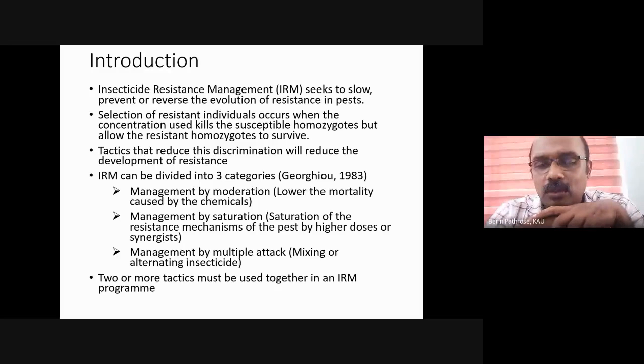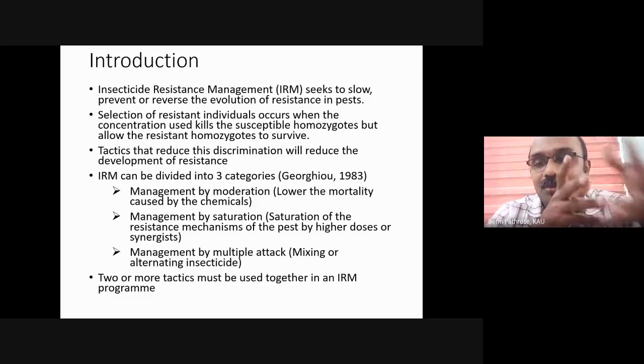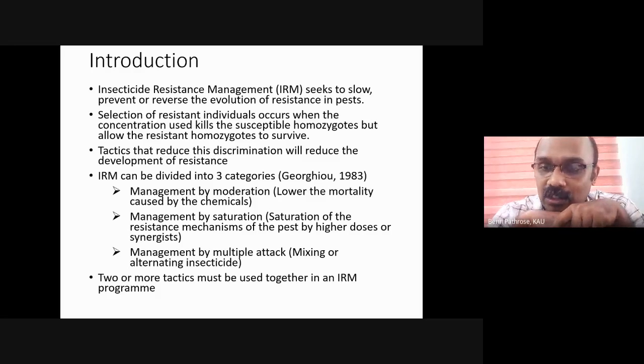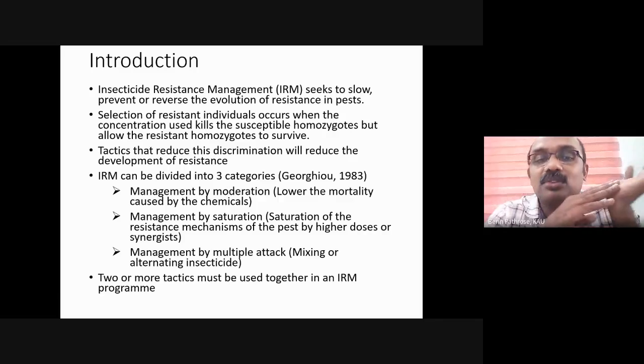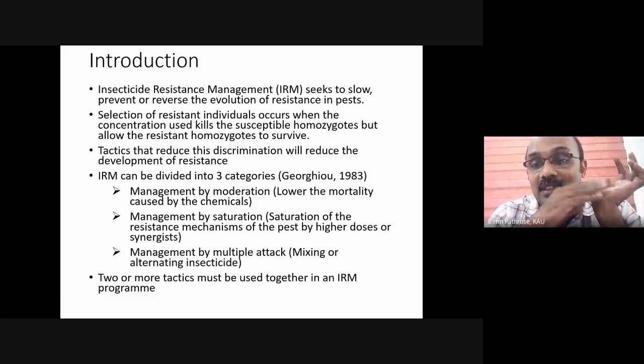And the most common, I thought you might have studied these three tactics of insecticide resistance management. Actually, it is given by Georgiou in 1983. Resistance management by moderation, resistance management by saturation, and resistance management by multiple attack. So resistance management by moderation means reduce the use of the pesticide.